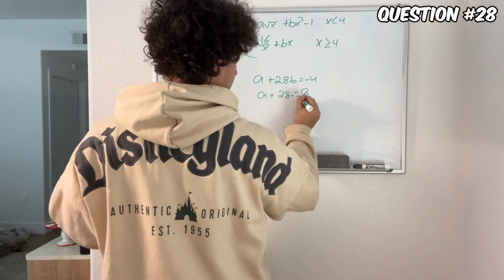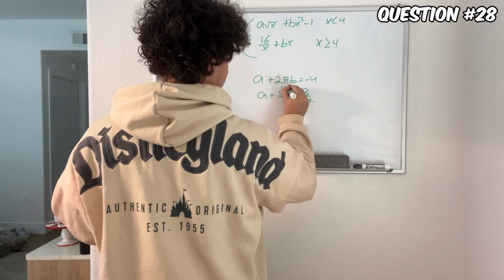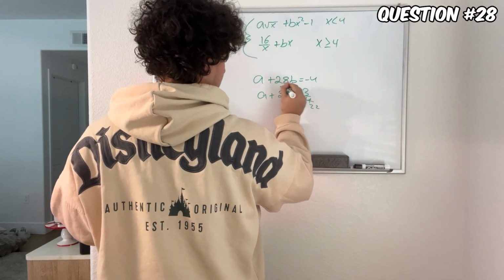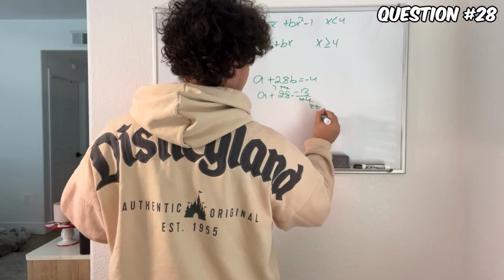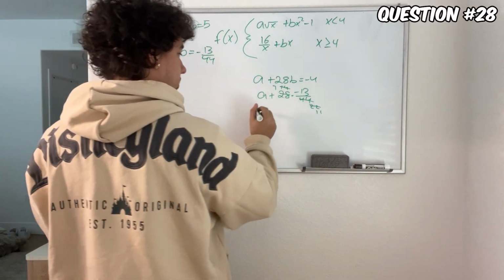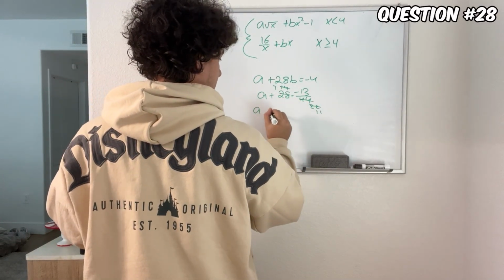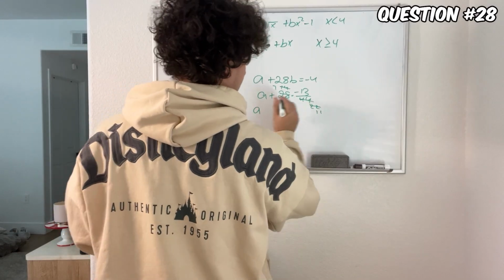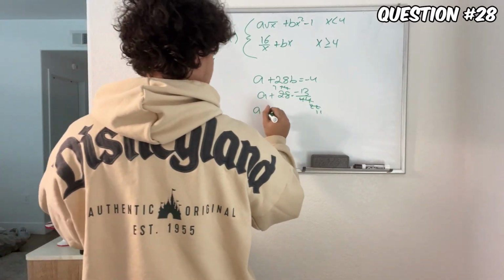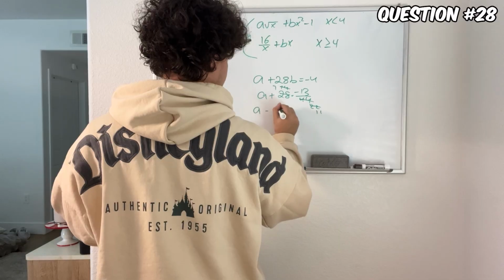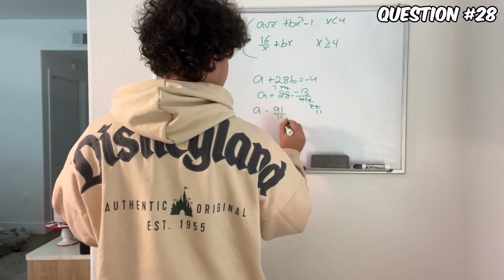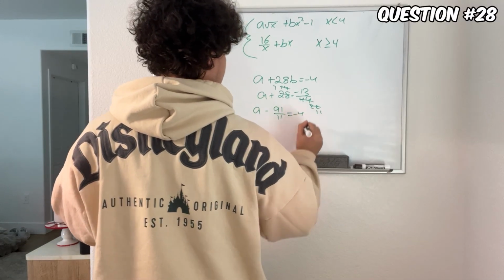These are going to reduce here. What, 14 and 22, 7 and 11. So 7 times negative 13, that's negative 91 over 11 is negative 4.